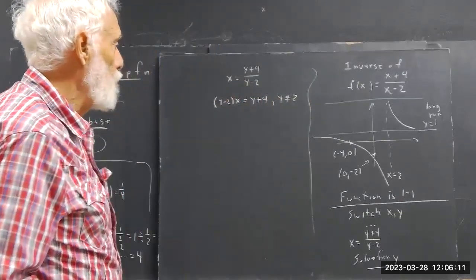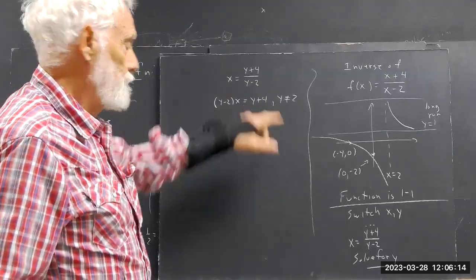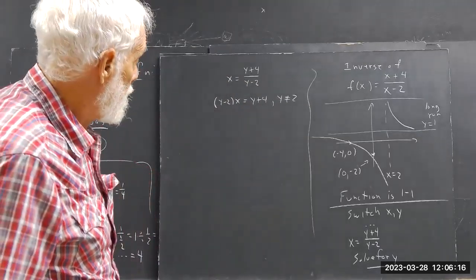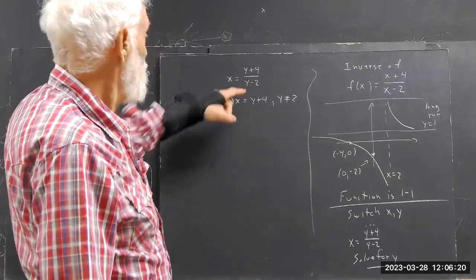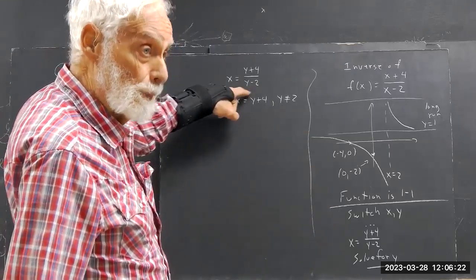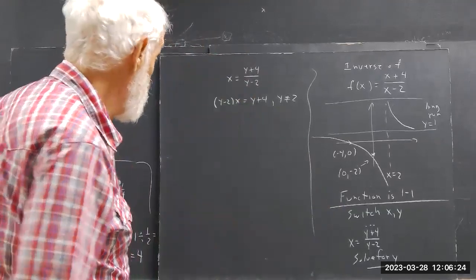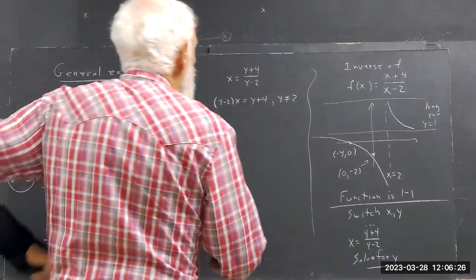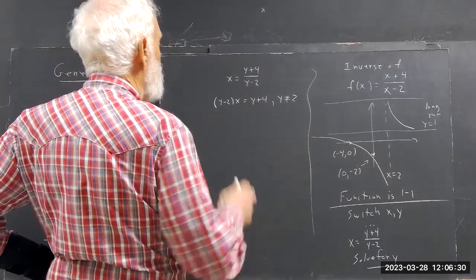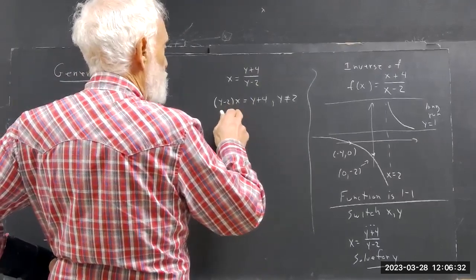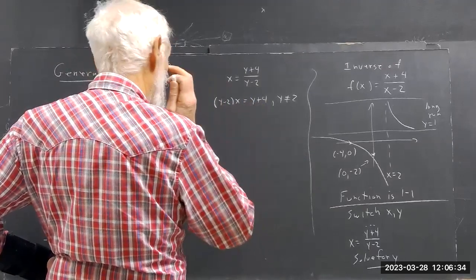Multiply both sides by y minus 2, and we end up with this. And we also have to say, well, y can't equal 2 because we can't multiply by 0. Okay. Now things get a little more complicated than they were last time. We've got y's mixed up with x's over here, and we've got a y over here.